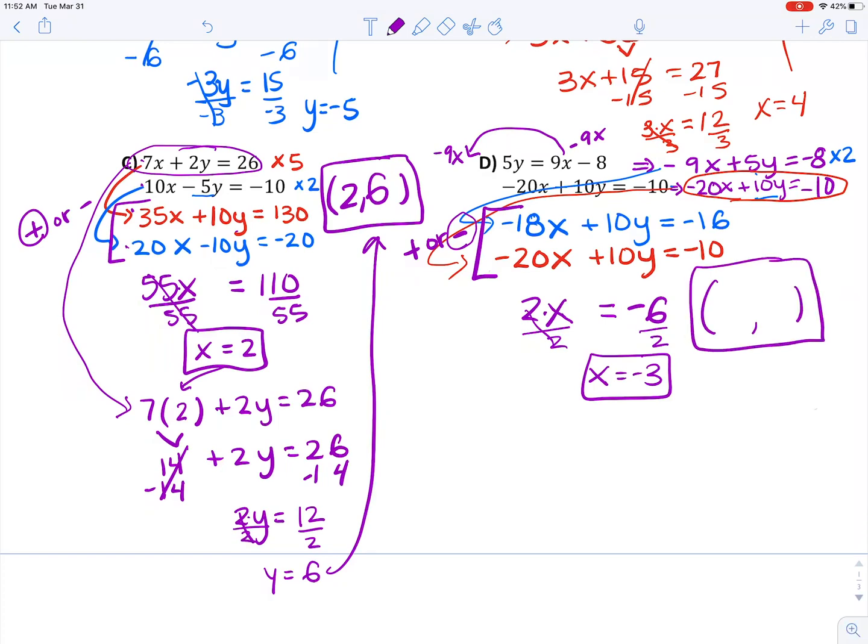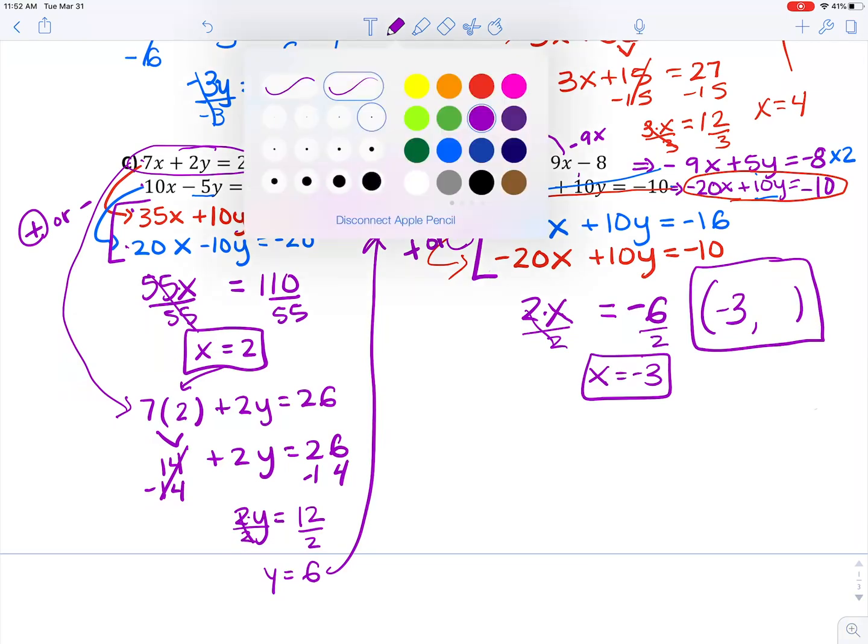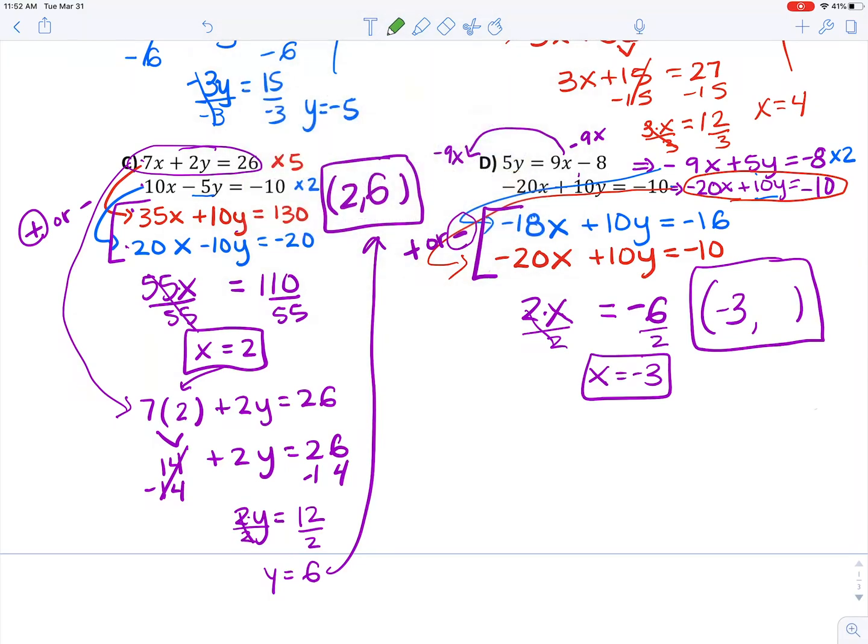All right, so here's our coordinate point. We got the x coordinate as negative 3. Now we need to solve for the y coordinate. We can use any one of these. I'll just choose to use, let's see, which one should I use? This one right here. Let me change colors. Okay.